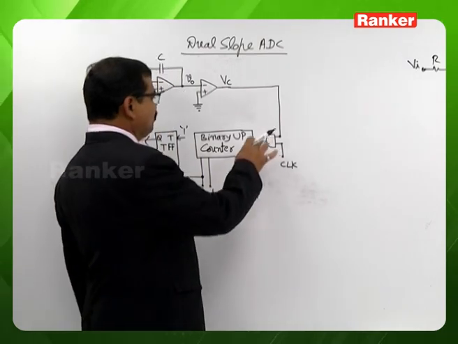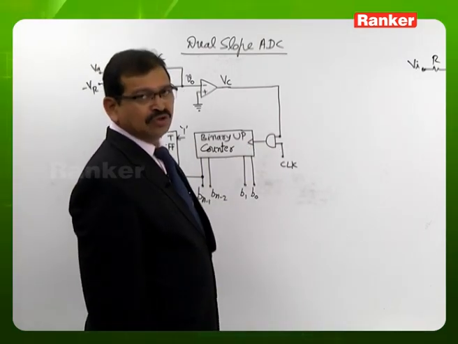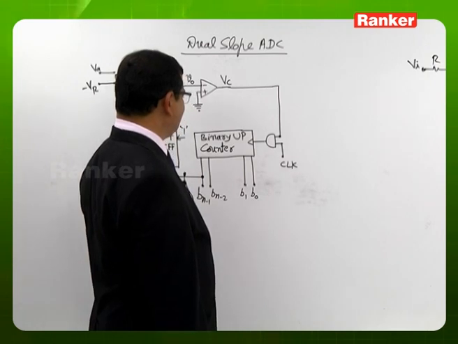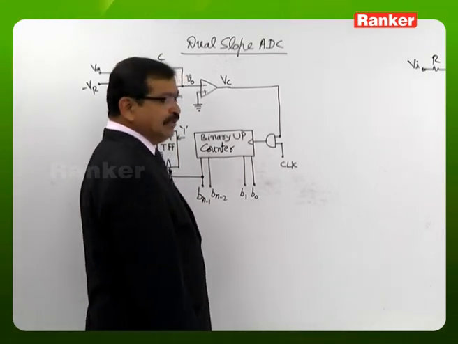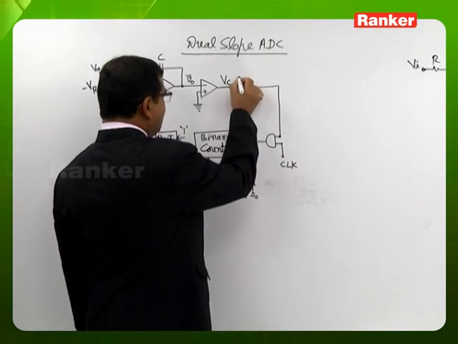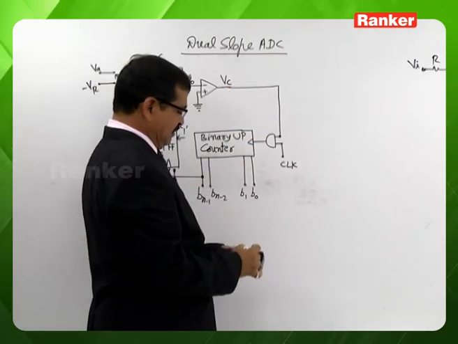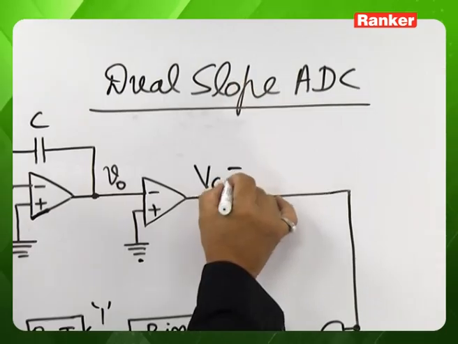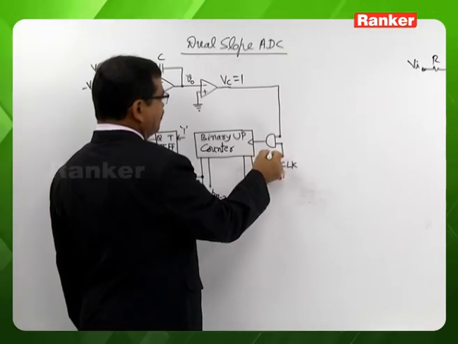This comparator output is coming as one of the inputs of this 2 input AND gate. The second input is the clock signal. So as long as the comparator output is 1, a clock is allowed to pass.